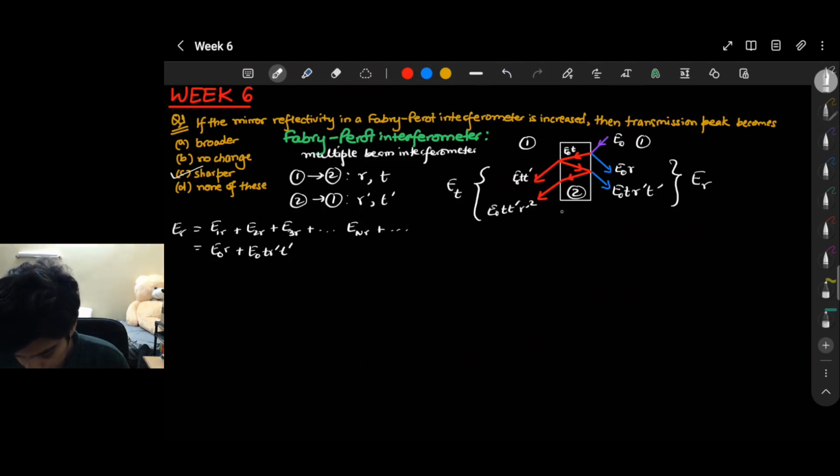And one more thing, there would be this phase difference that would be added. So this delta is 2 pi by lambda times path difference. Path difference is 2nd cos theta t. This we have seen previously. The refractive index of medium 2 is n, and theta t is the angle at which the ray is getting transmitted, which is the same as this angle.